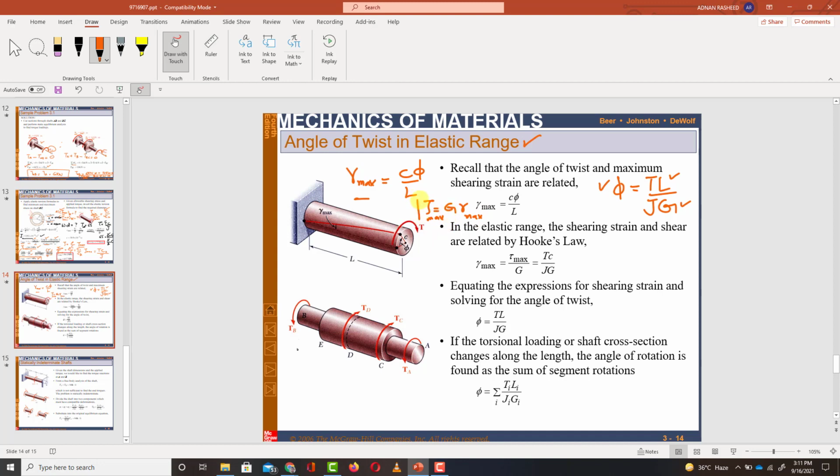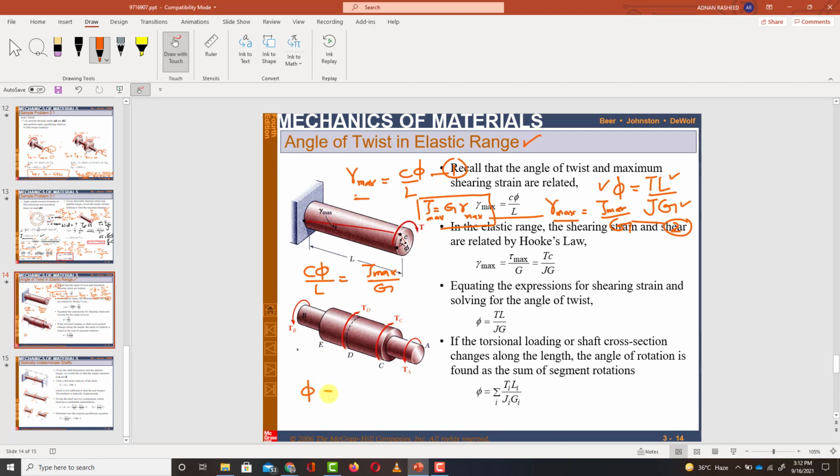And again from this formula, we can say that gamma max is equal to tau max over G. Clear? So now gamma max is equal to tau max over G, and gamma max is equal to C phi over L. So if this is equation 1 and this is equation 2, both equations are the same. If you equate equation 1 with equation 2, we will have C phi over L is equal to tau max over G. We are interested in finding the angle of twist, which is phi.